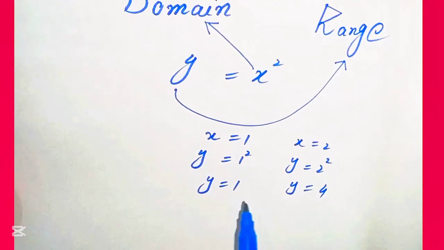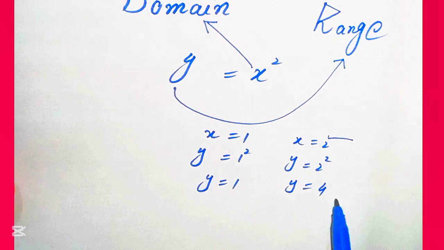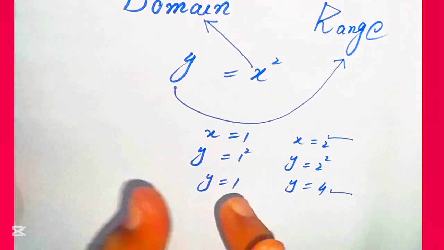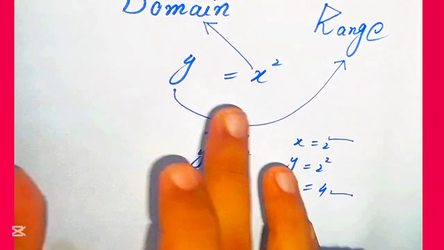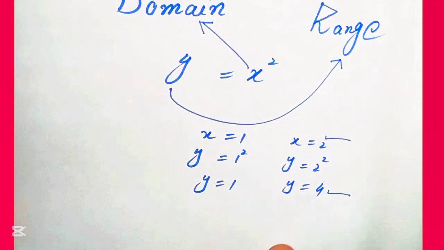So here our domain value is 2 and range is 4. The value we put into the function is called the domain, and the answer is the range.